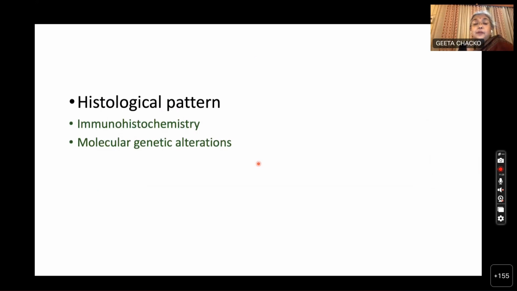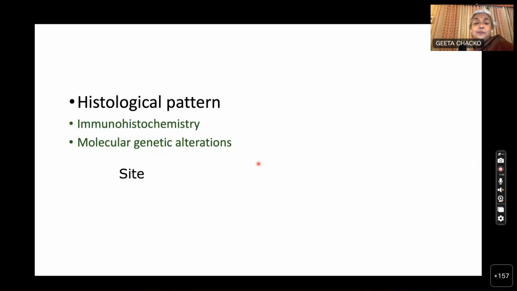Now, when we see a brain tumor, of course, the histology matters to us as pathologists, and more recently, immunohistochemistry and molecular alterations have also become important in making a diagnosis, not only for diagnosis but prognosis and treatment.